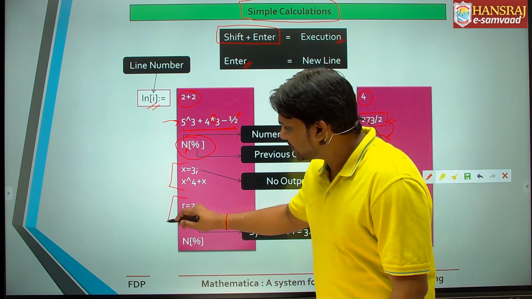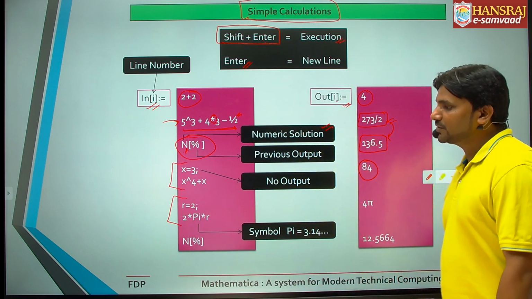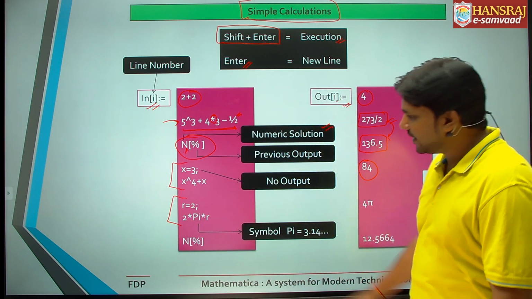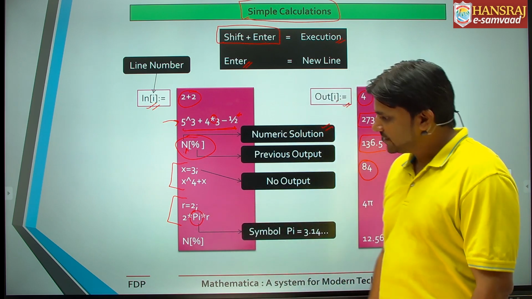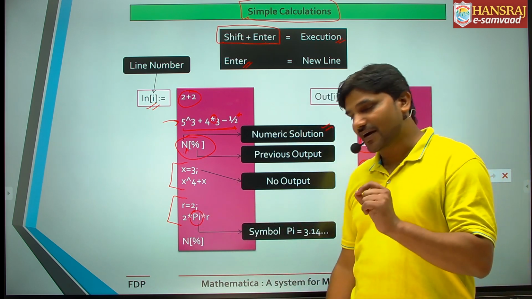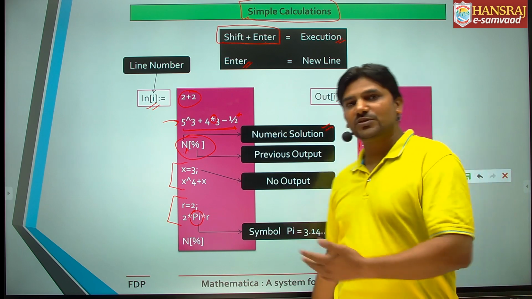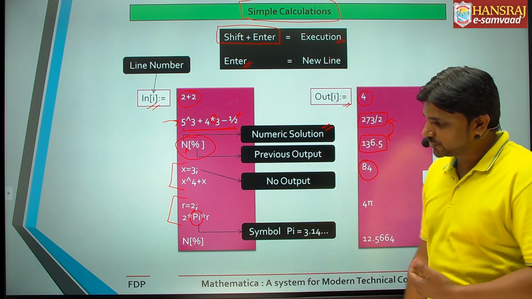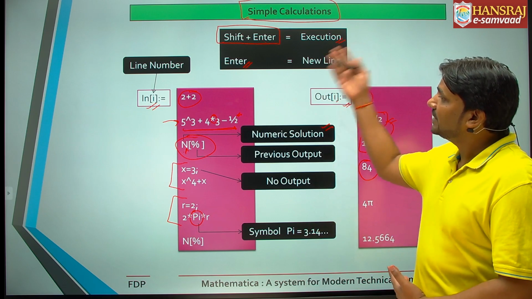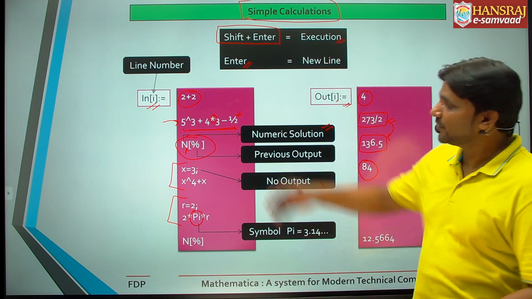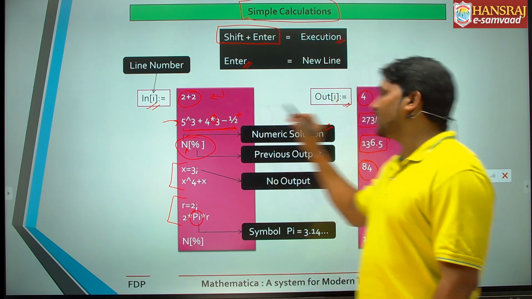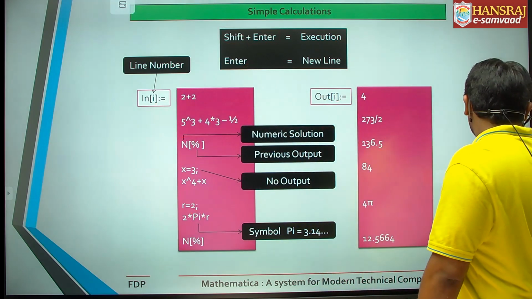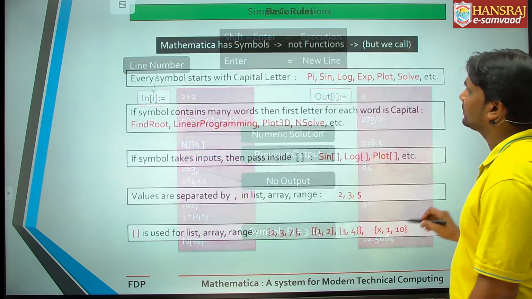Another input is r equals 2, and then 2 times Pi times r, and you can see here that Pi is written with a capital P and I. We will learn later how to use mathematical notations. So here is an example of simple calculation. For each input you just write the input and press Shift Enter, then you will get your output.